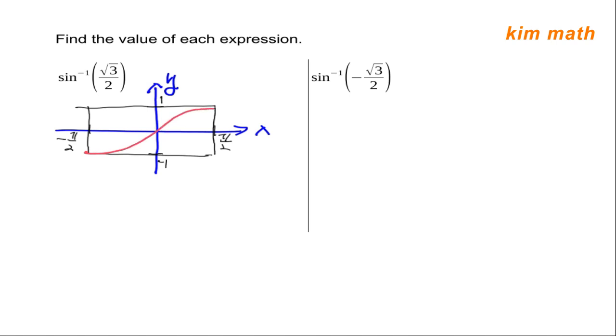Sine is here. Since they ask us arcsine, we will start with a value on the y-axis. Since square root of 3 is about 1.732, over 2 is about 0.8 something, right?